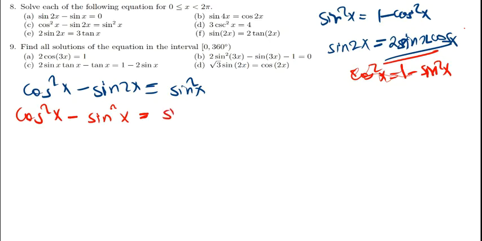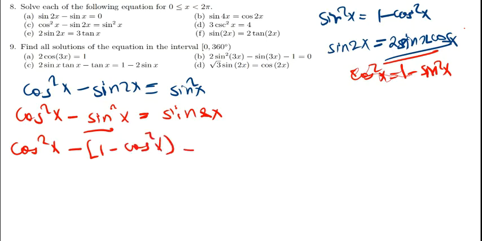So then I replace this with 1 minus cos squared x. So it will be 1 minus cos squared x is equal to this.